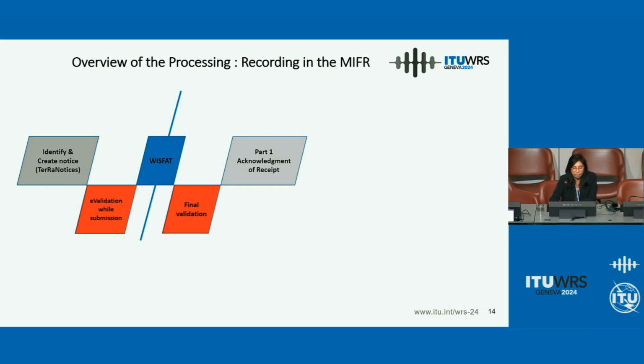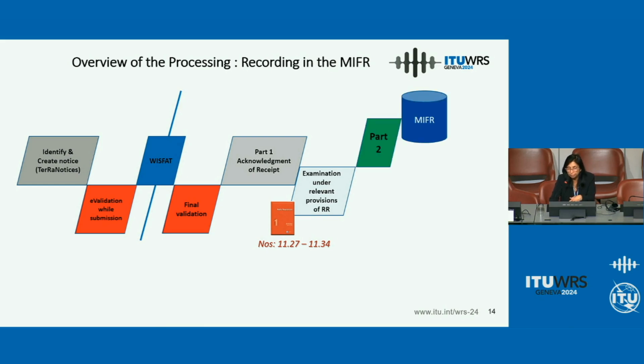Then for Article 11, there will be a part 1, which is an acknowledgement of receipt. No examination is done. It's just to show that we have received and we have published, so you can check that the data is as you expected. Thereafter, examinations will be done depending on the frequency band.